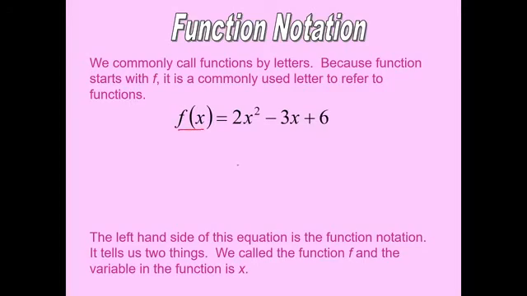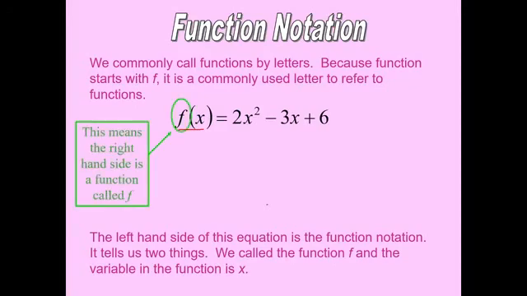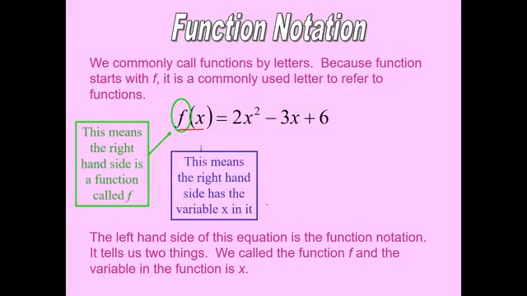We called the function f, and the variable of the function is x. So take note, f there. This means the right-hand side is a function called f. And the letter x there means that the right-hand side has the variable x in it.